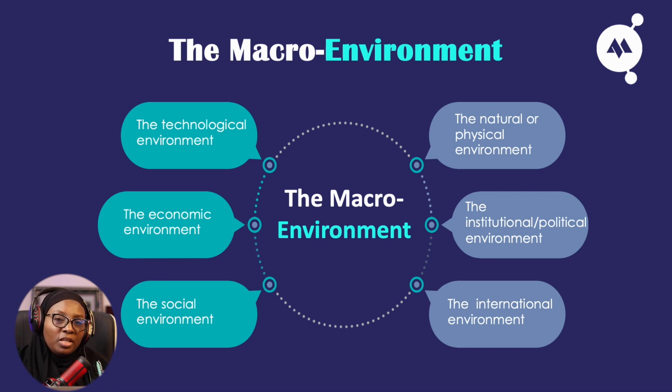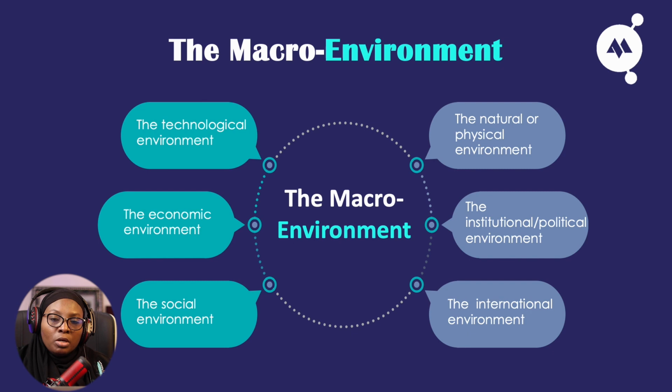Then we have the international environment, and this is where we look at the global village, and we understand the role that technology plays in terms of social media and how information is passed across. Automatically, influence is always there, in terms of what you see taking place in the US and how it influences the culture here.